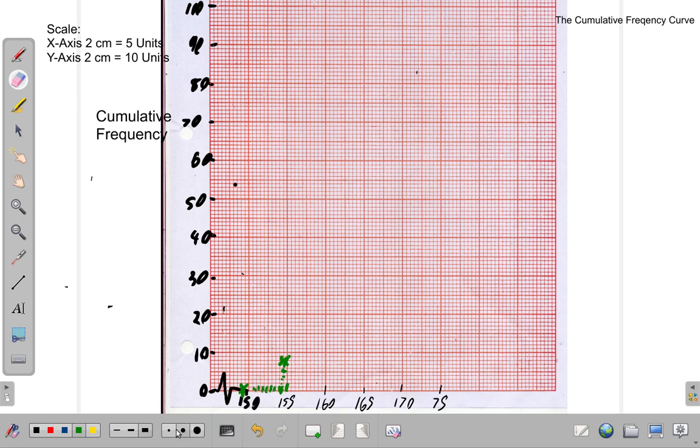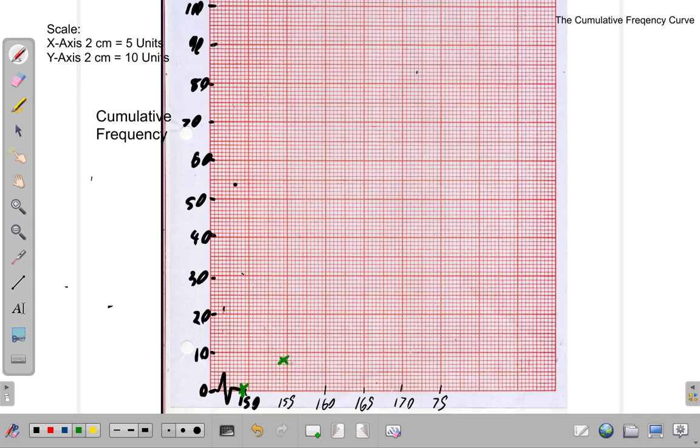Now, in doing that, let me just erase back these. In doing that, you can see that when you go back 1 small square, that is your 154.5. So therefore, the mark, just for accuracy, will be in line with this 1 line behind 155 and 2 lines below 10. So the mark for 8 would be right here.